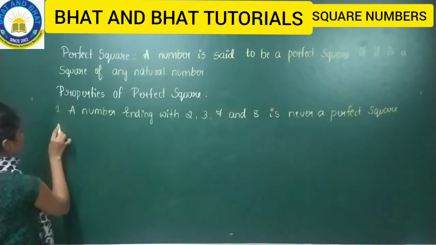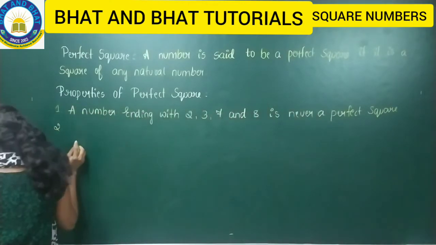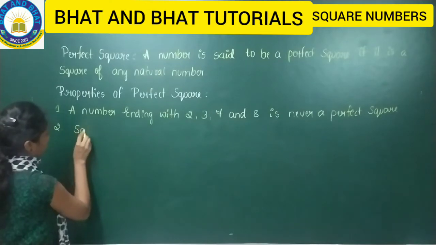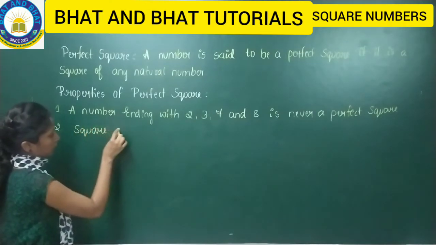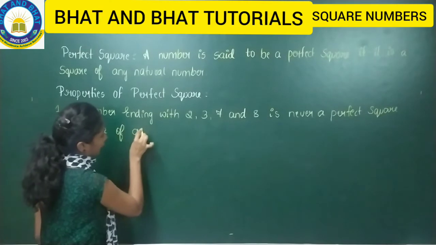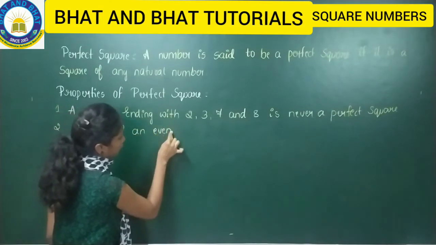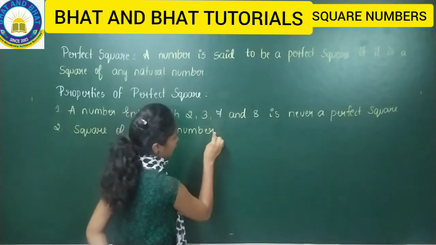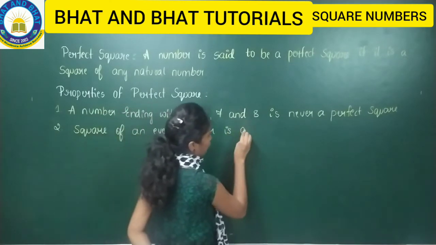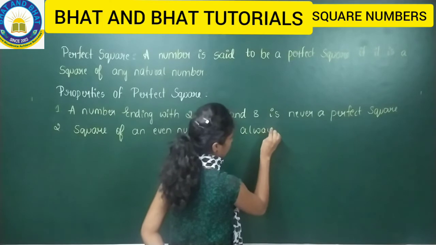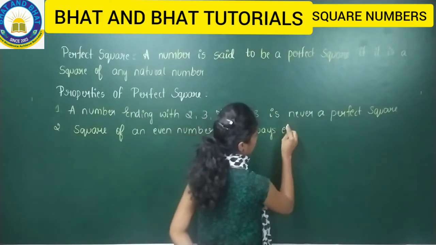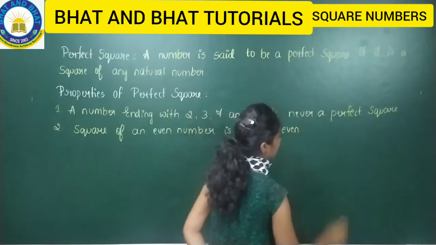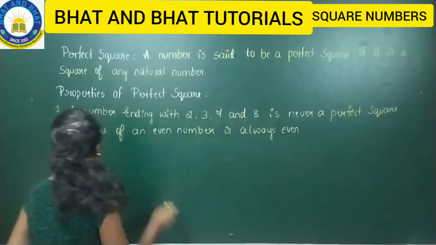The second one, square of an even number is always even, that we had discussed in the last session.